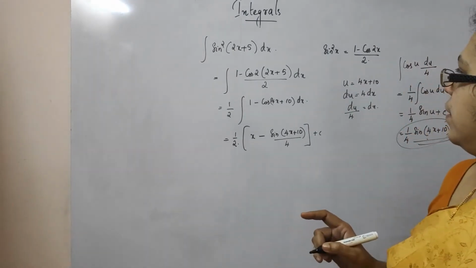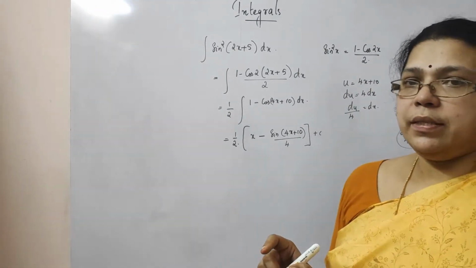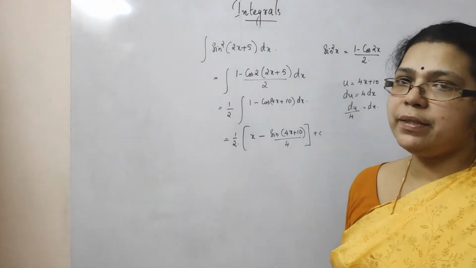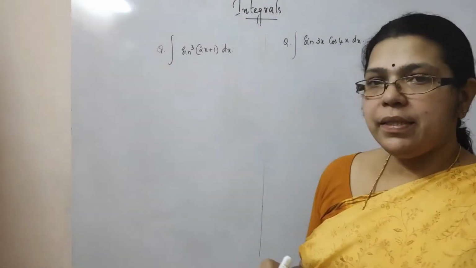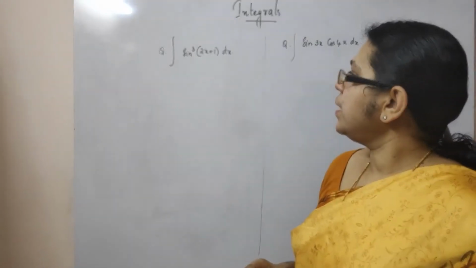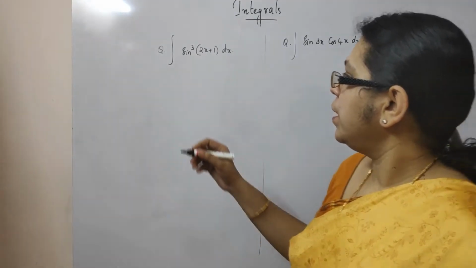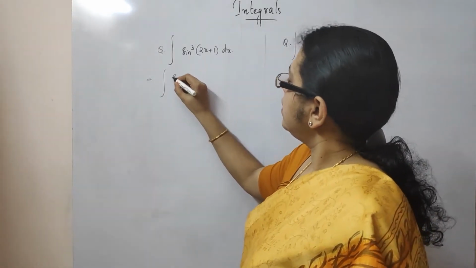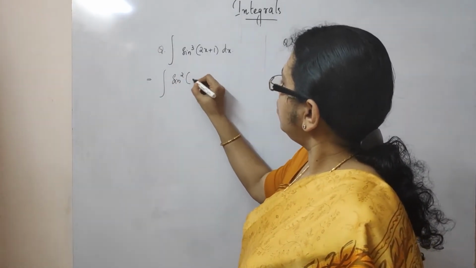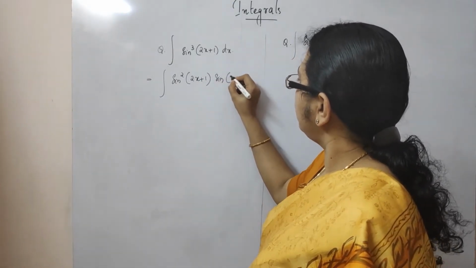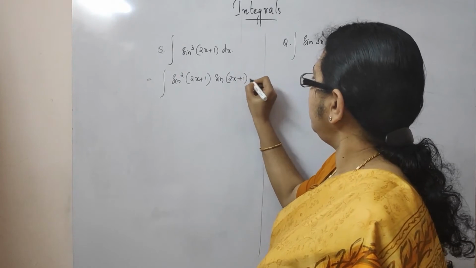Okay. Let's see more questions of this kind. We are moving on to the third exercise, 7.3. Now let's see a question: integrate sine cube of (2x plus 1). I have this sine cube as sine squared (2x plus 1) into sine of (2x plus 1) into dx.